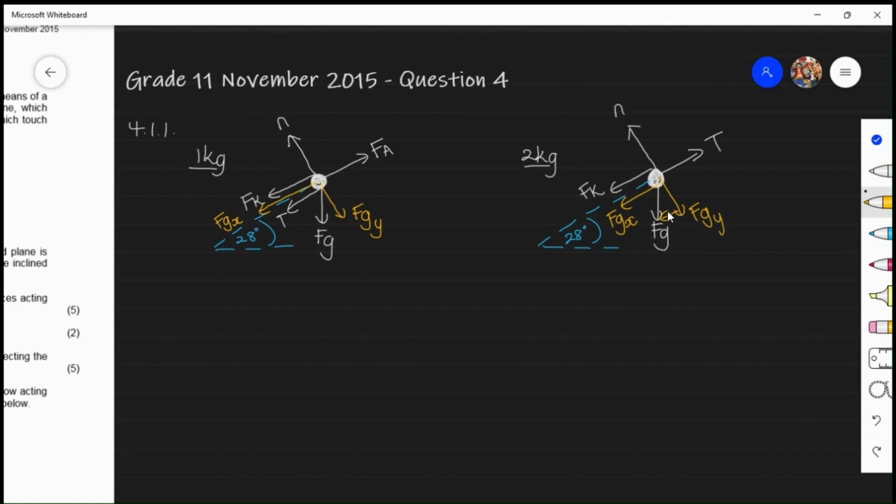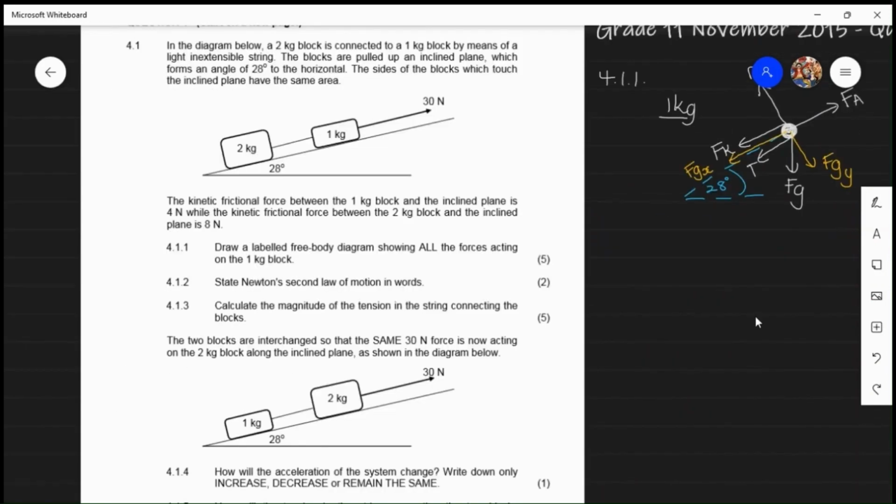If you notice, this component here is parallel to this. I've not changed anything, I've just slightly moved it up. So we now have our free body diagram of our 1 kg object and our 2 kg object. Let us continue to the next question.